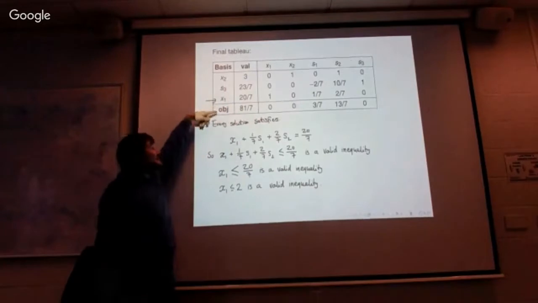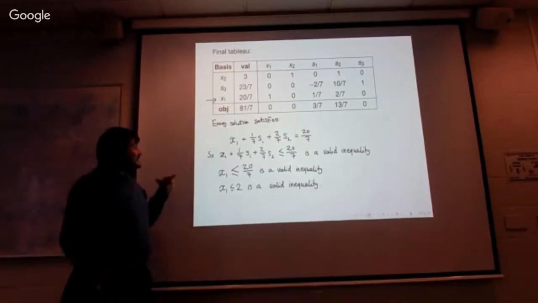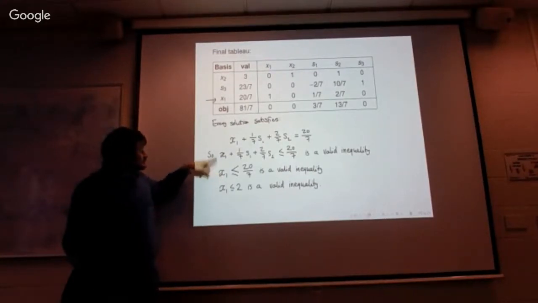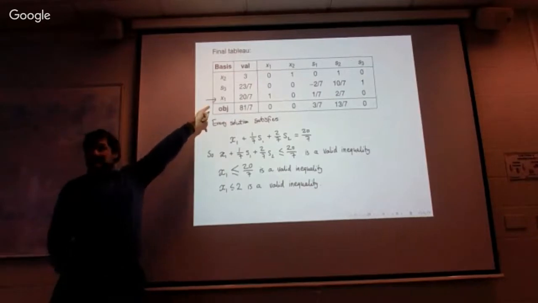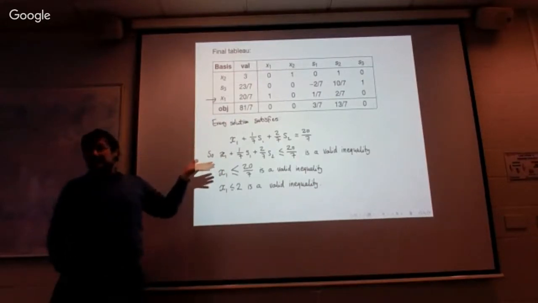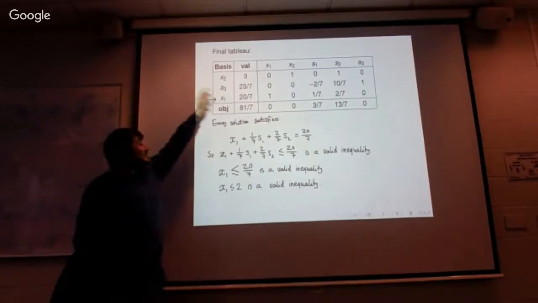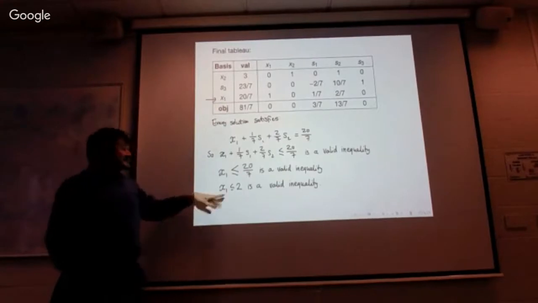But if you start with one which is fractional, then you get a constraint, this one, which is not satisfied by the original solution. It will never be, because of the way this works; this optimal solution to the relaxation is not going to satisfy that constraint.